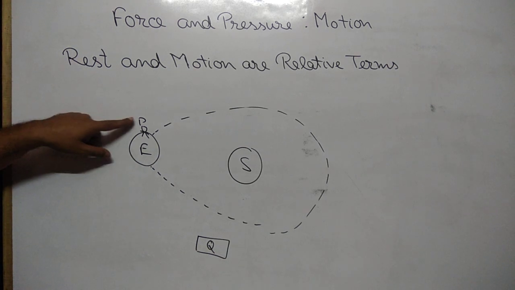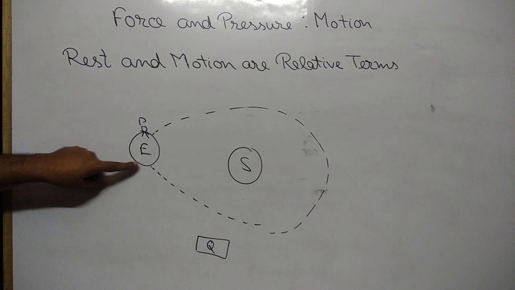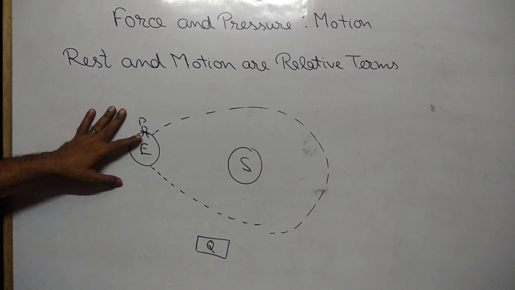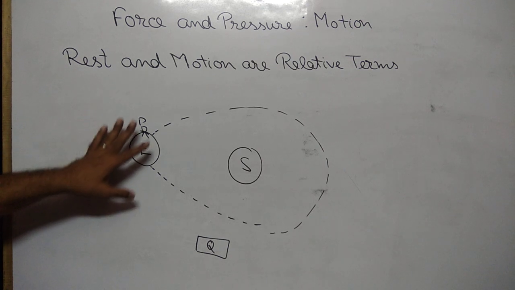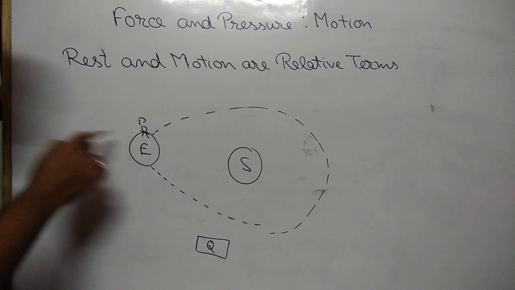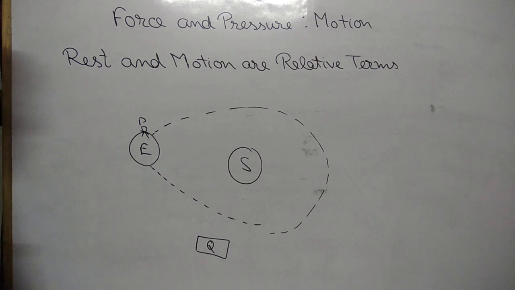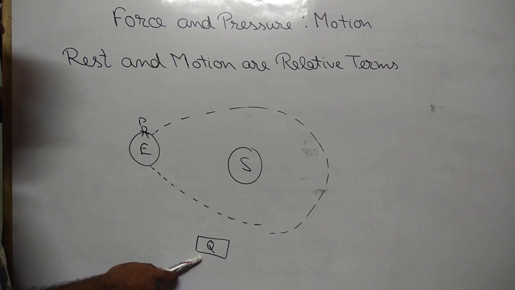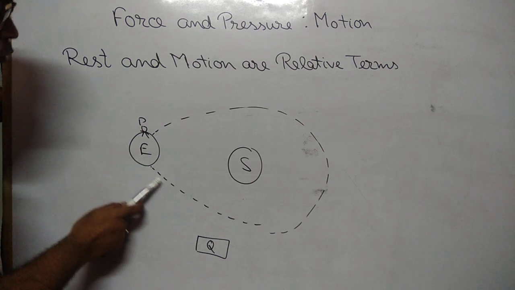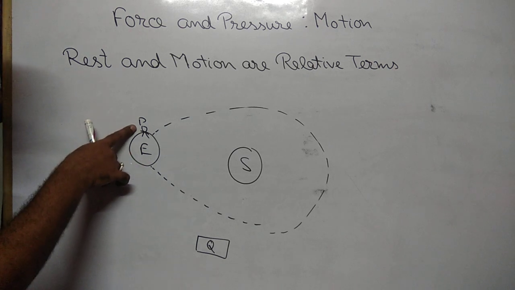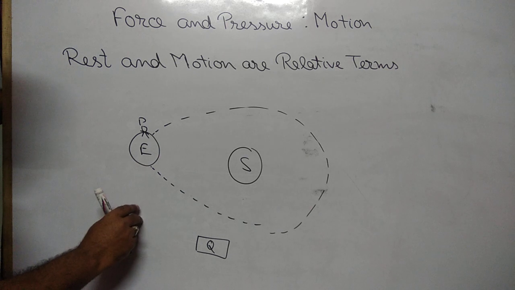If P sees from the surroundings on the Earth, P says, I am at rest, because P is not moving on the surface of the Earth, and with respect to reference points present on Earth, P is at rest. But at the same time Q sees that Earth E is moving, and so person P is also moving along with the Earth.